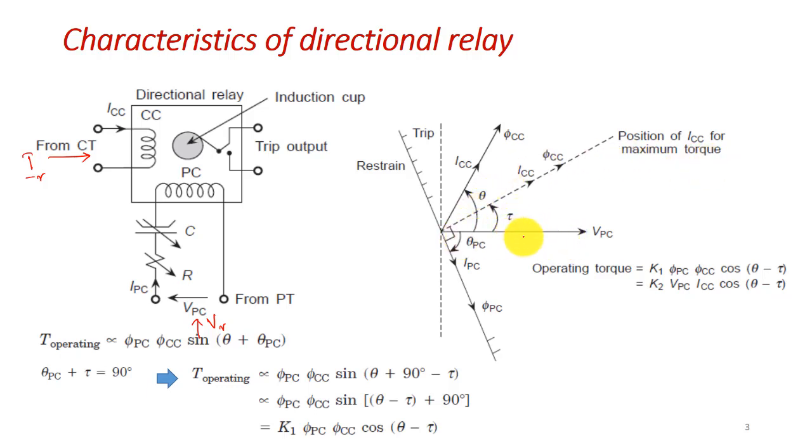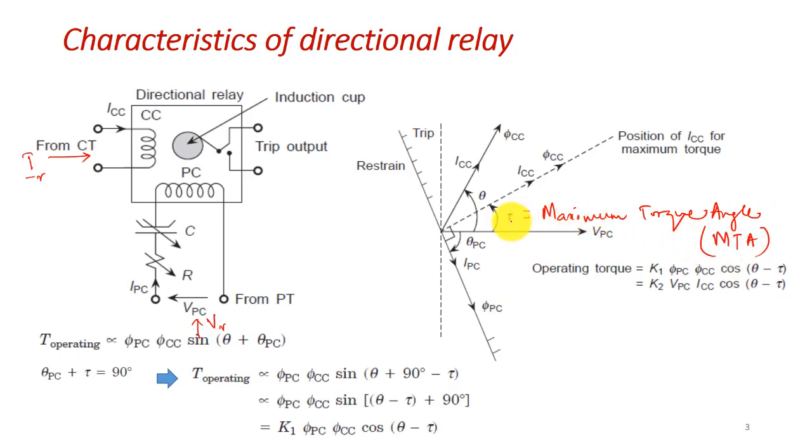We considered the angle between VPC and the position of ICC for maximum torque as tau, which is called the maximum torque angle, and in short we also call it MTA.